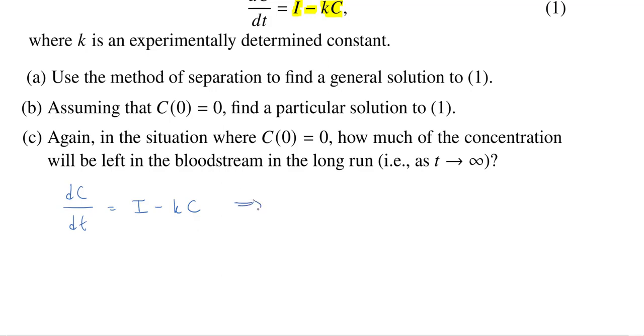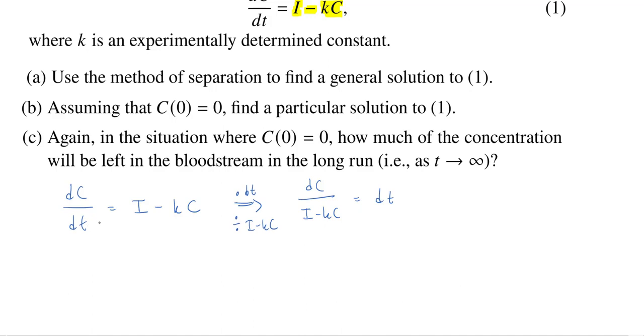So I'm going to multiply both sides by dt, which will get this dt away from the dC, and divide both sides by this entire expression, I minus kC, which will keep all the C's on the other side. So I get dC divided by I minus kC is equal to dt.